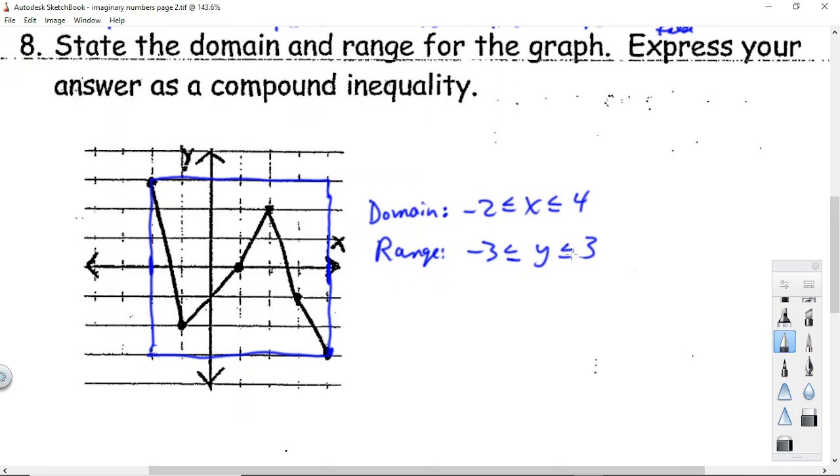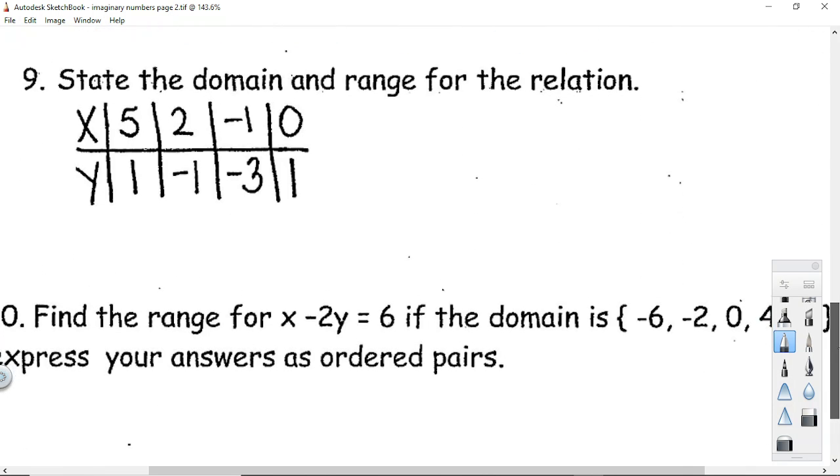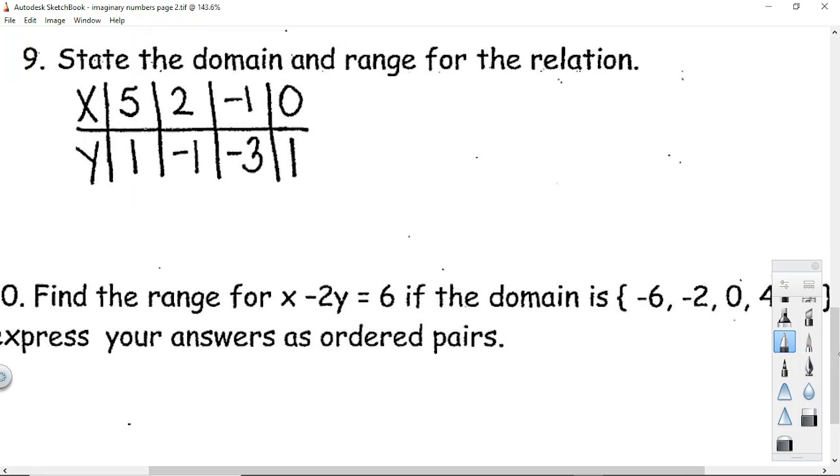The domain -2 to 4, range -3 to +3. Okay. Let's see what else we got. State domain and range for the relation, another easy one. Domain, and just list the possible x's. 5, 2, -1, 0.